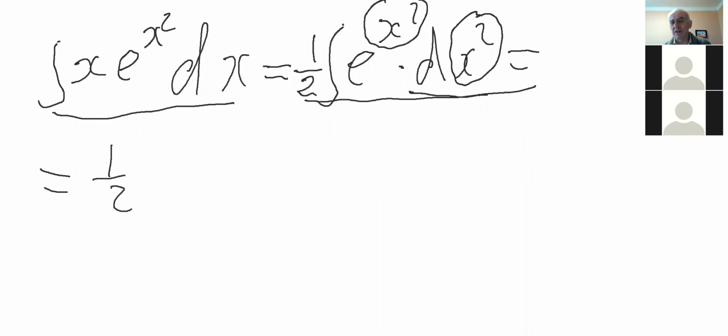We can imagine that this x square is, for example, t, and we can write e to the power x square plus c. Any questions?